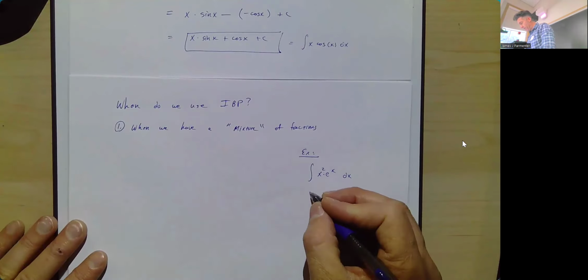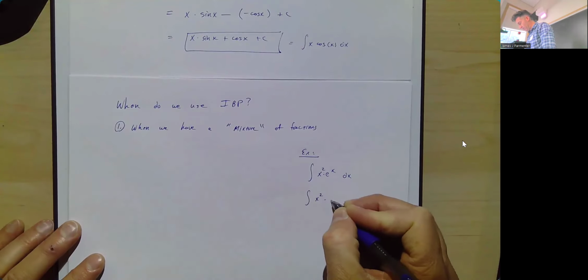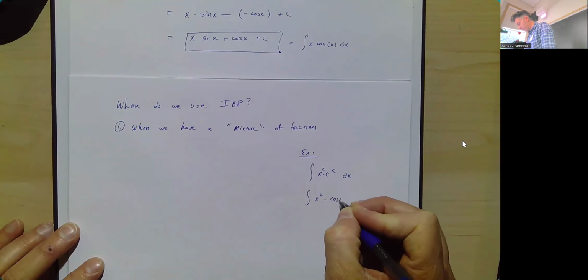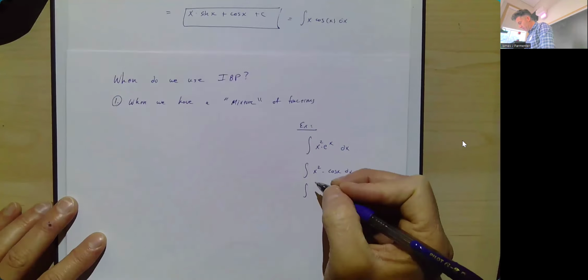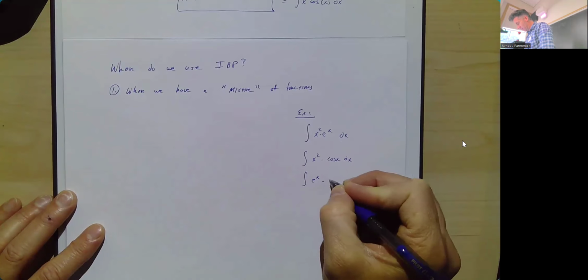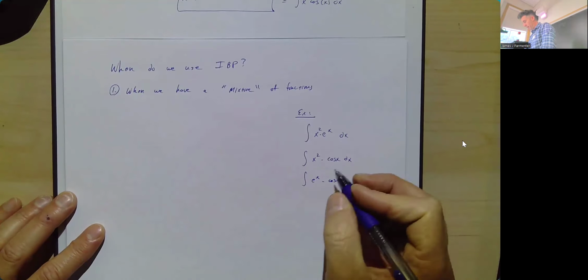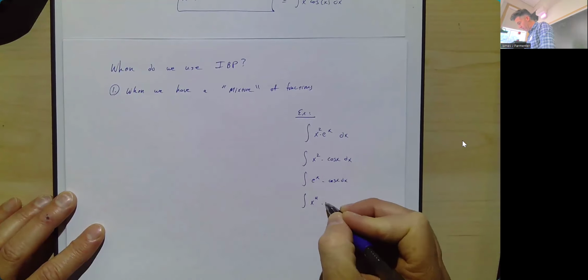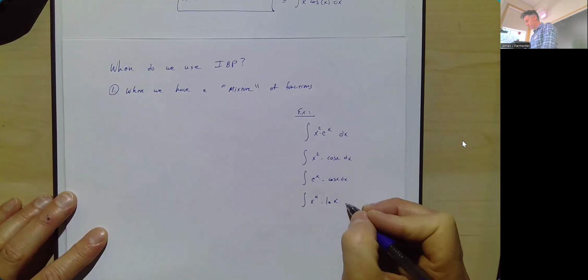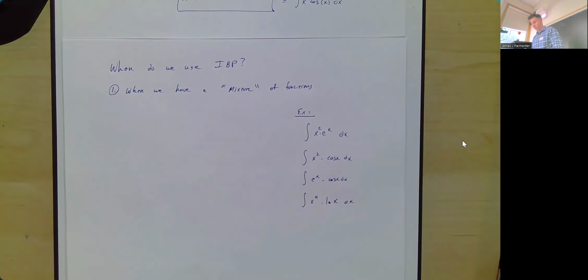Or you might have x to a power times a trig function. Or you might have an e to the x times a trig function. Or you might have an x to a power times a logarithmic function. All these are representative of having a mixture of two different types of functions.